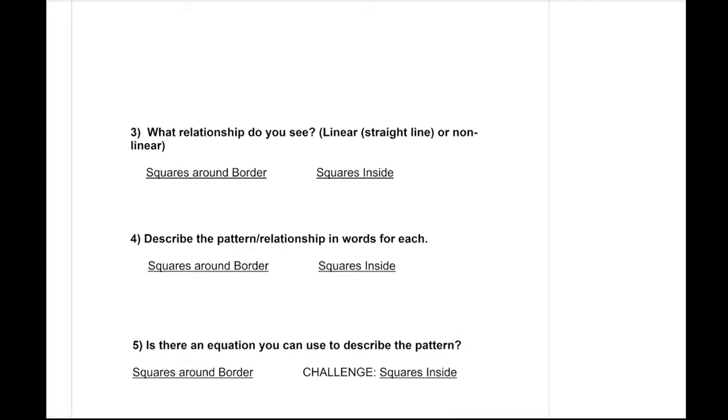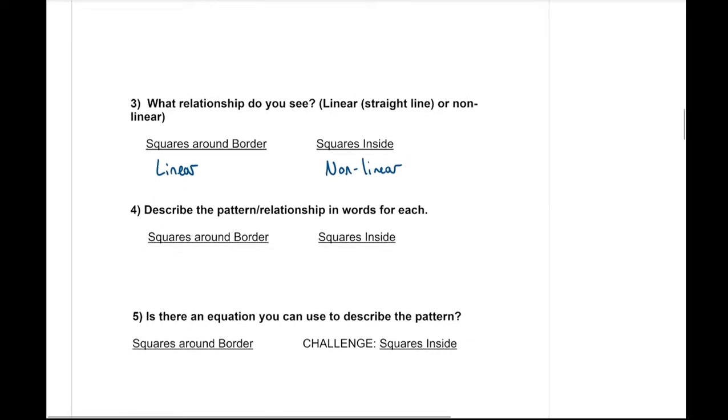So the squares around the border are what we would consider linear, and the squares inside are what we consider nonlinear. How can we describe the pattern or relationship for each?